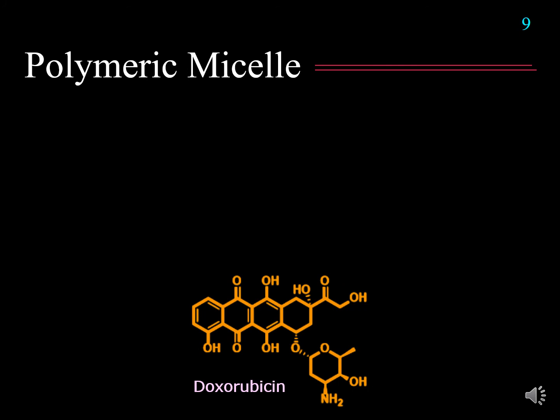Another type is polymeric micelles. Instead of using phospholipids, which are quite expensive actually, if you go into the chemical catalogs, you can see the price of phospholipids. All of them are very expensive.